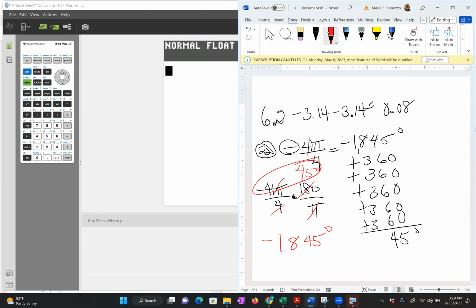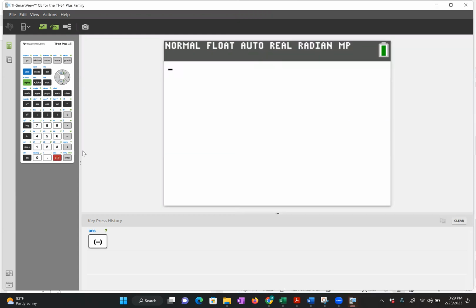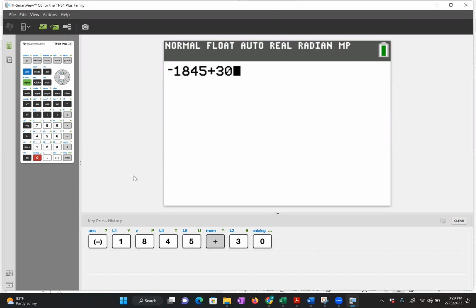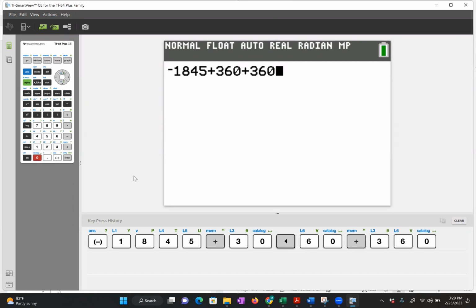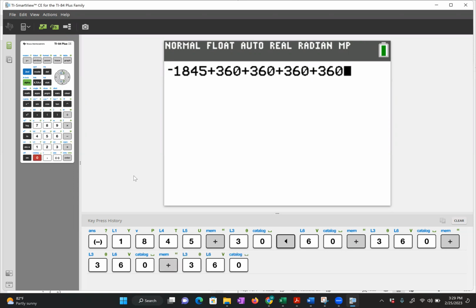So let's play math. Let's go with a negative integer, 1845, and we're going to add 360. We're going to add 360 again, and again, and again. I'm doing so because I already did this on paper and I know that I'm still in the negative.